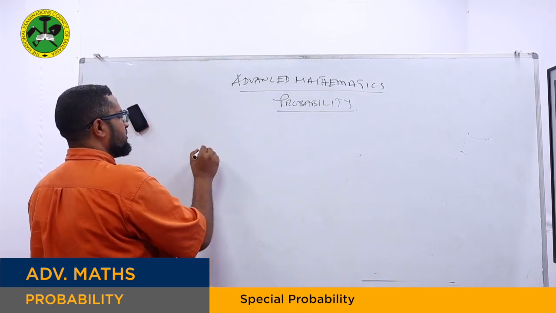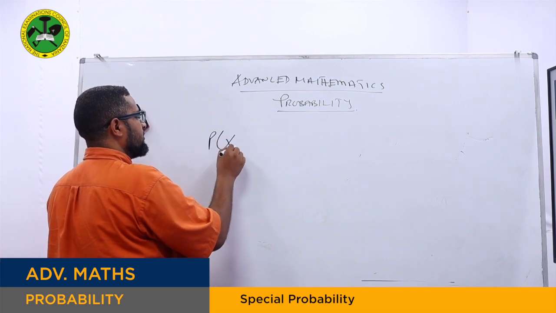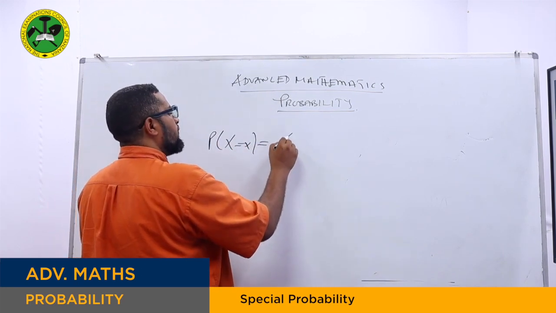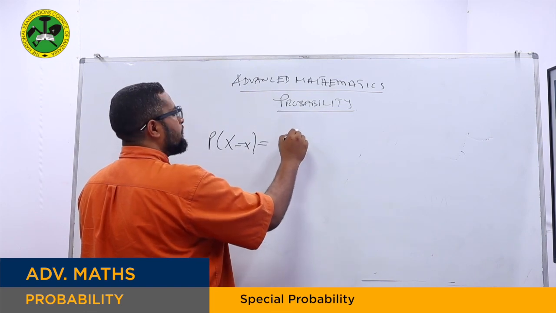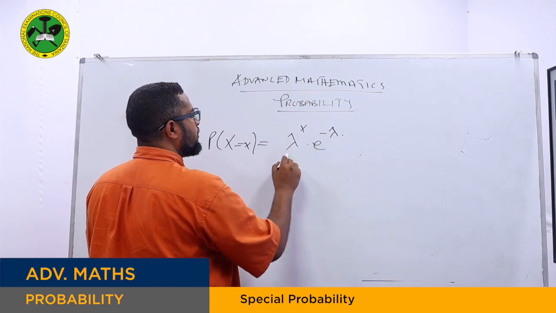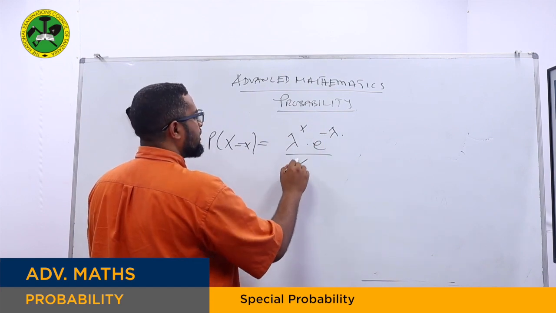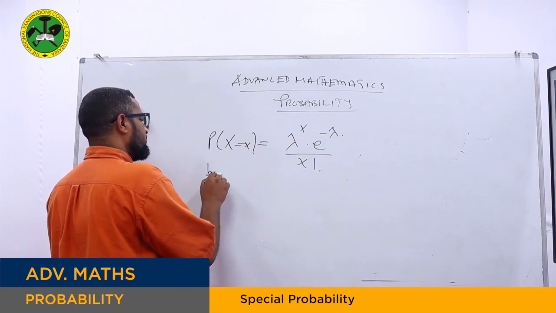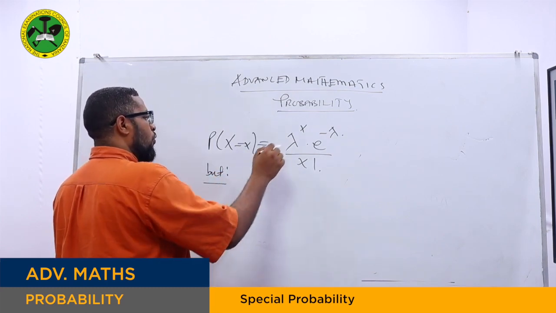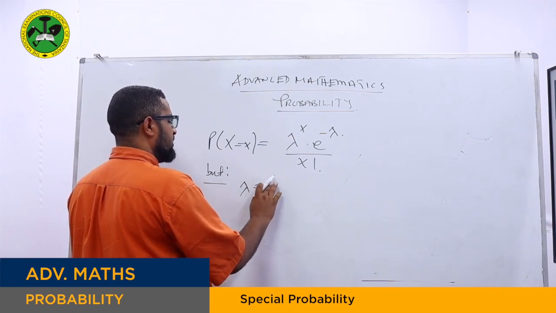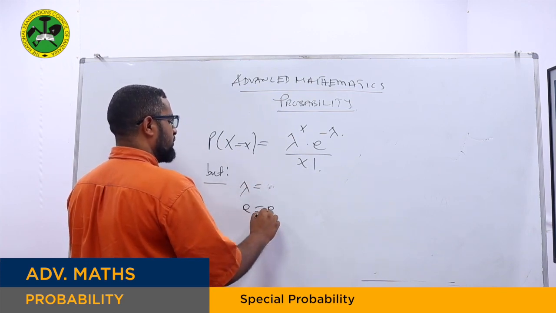Now the formula is probability of X equal to lambda to the power of X, times e to the power of negative lambda, divided by X factorial. But what is lambda? You need to know. And what is e? e is just the exponential function.